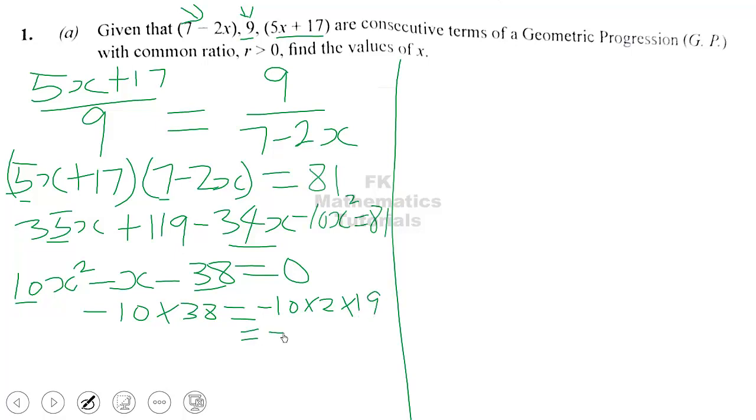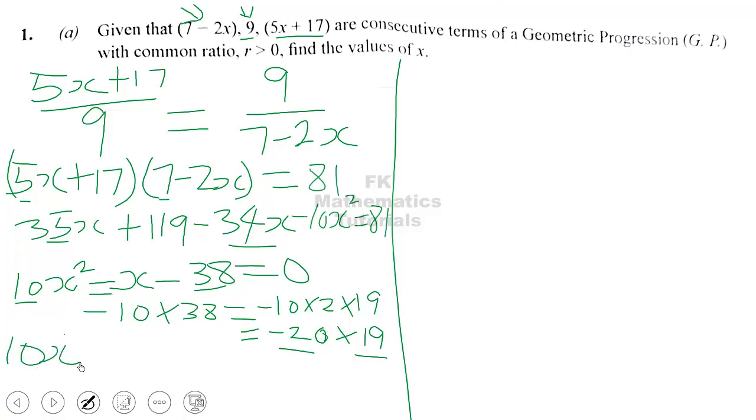So that will give me negative 20 times 19. So I can stop here because I'll get negative 20 and 19. That will add up to negative x. So it means that the factors are negative 20 and 19.